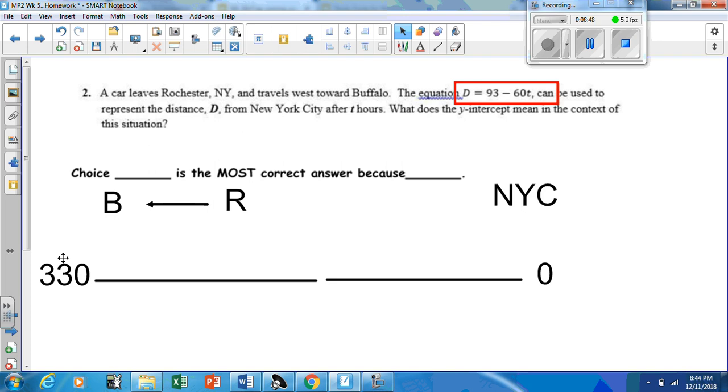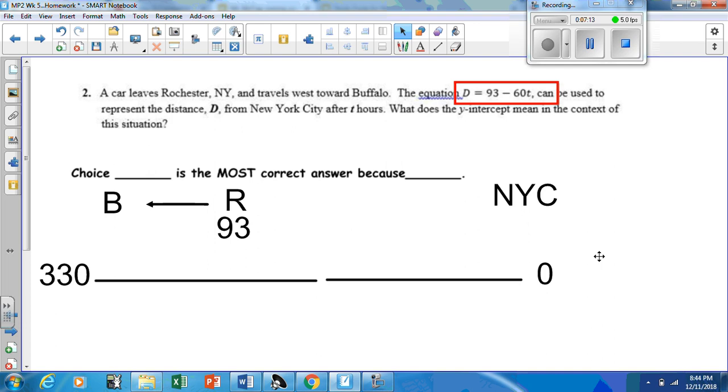I'm starting at 93 miles, and I'm going down. So the context of the story is 93 miles is my y-intercept, my initial start point, and I continue to go down 60 miles every hour. Okay, I hope that helped out.